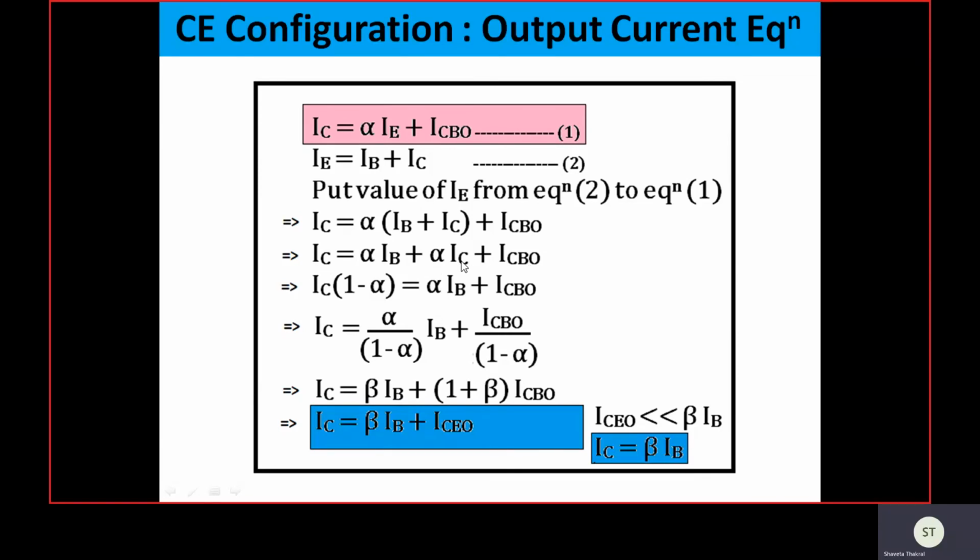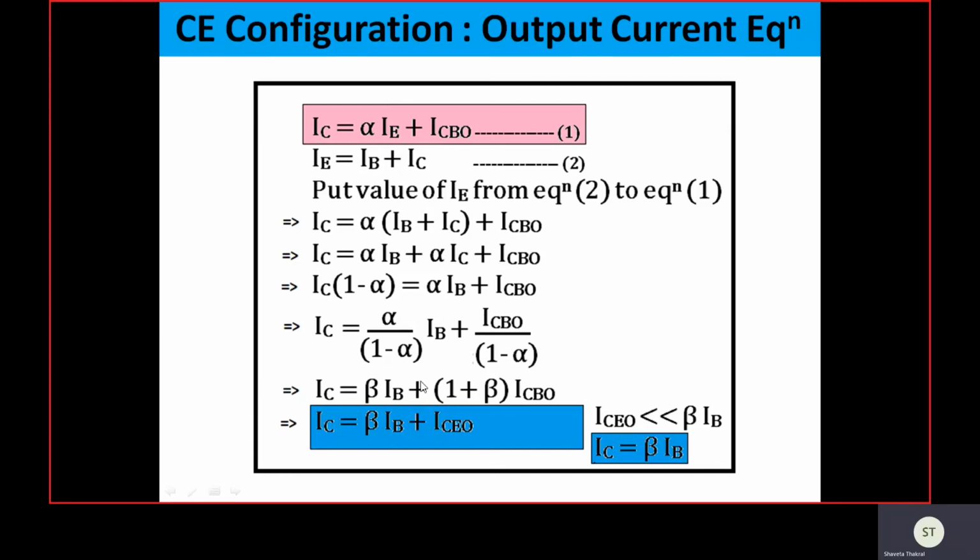So we can take IC common and move this parameter alpha IC to the left side. This becomes IC into 1 minus alpha, that is equal to alpha IB plus ICBO, and that gives the relation IC is equal to alpha divided by 1 minus alpha times IB plus ICBO divided by 1 minus alpha.